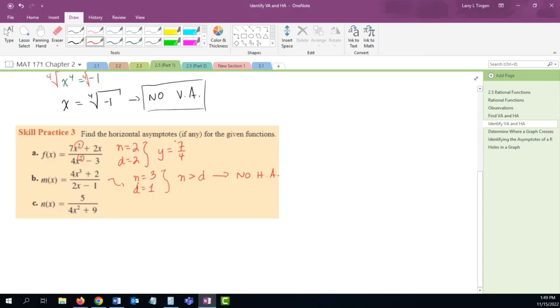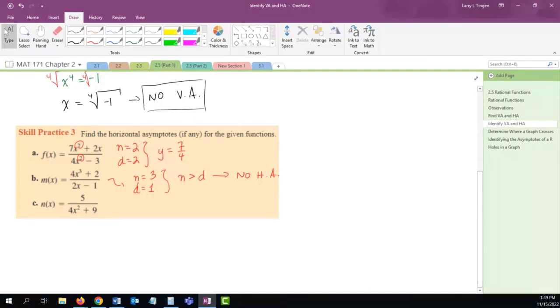The problem just asks, are there horizontal asymptotes? There are not. There is a slant asymptote here, and it's actually kind of a weird one, because when I go to do division of 4x cubed plus 2x minus 1, the result is going to be a square.